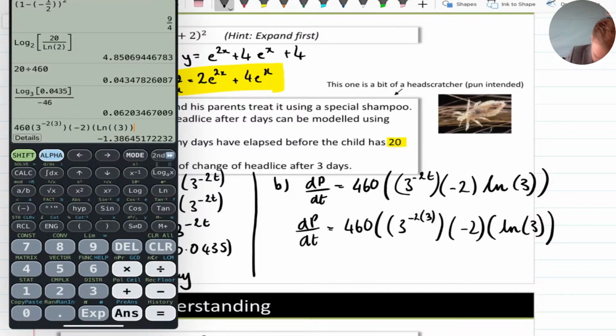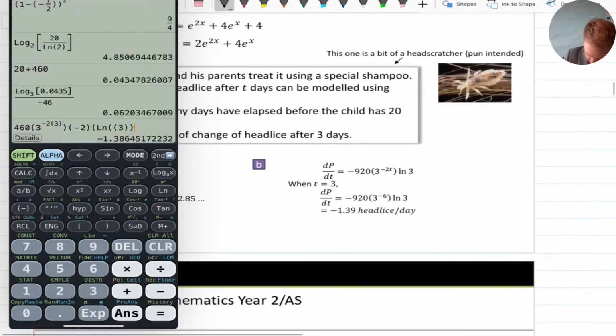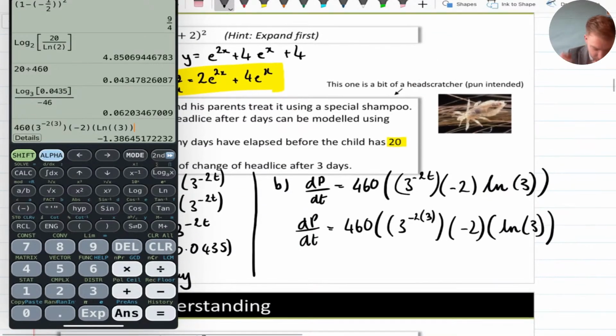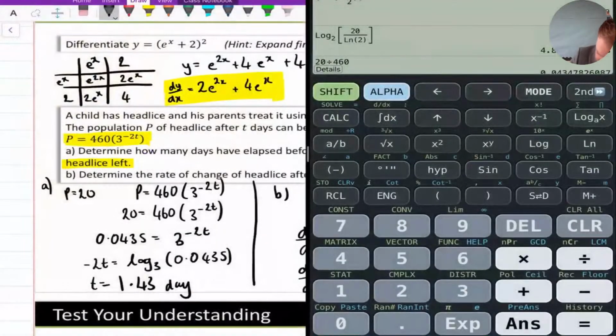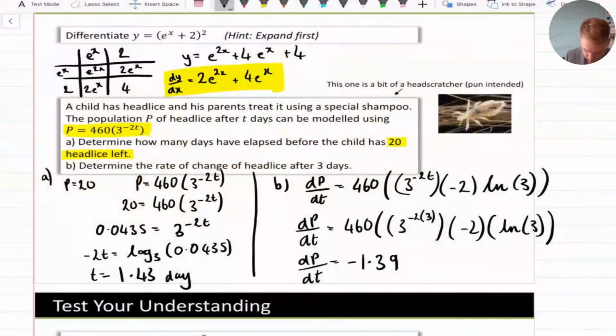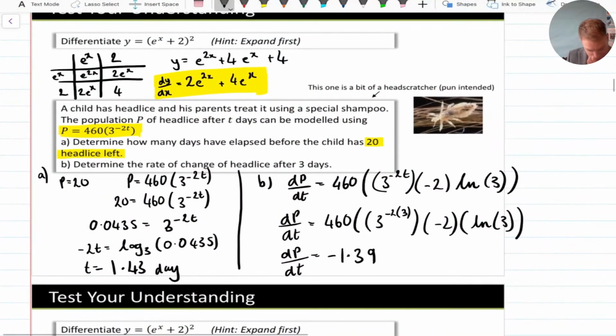So the rate of decrease, I'm just going to check that before I write it. Yeah, it's right. So the rate of decrease in this case would be dP by dt is equal to minus 1.39, and that would be lice per day, isn't it? It's the population. There you go. There's that question done.